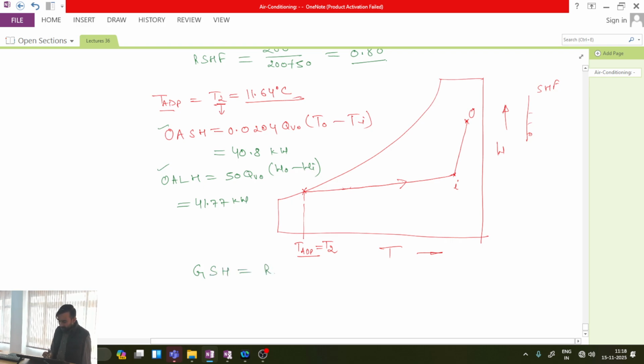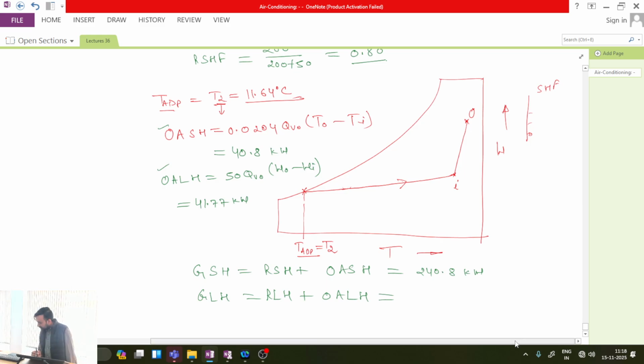GSH is equal to RSH plus OASH. So 200 plus 40.8, 240.8 kilowatt. GLH will be equal to RLH 50 plus 41.77.